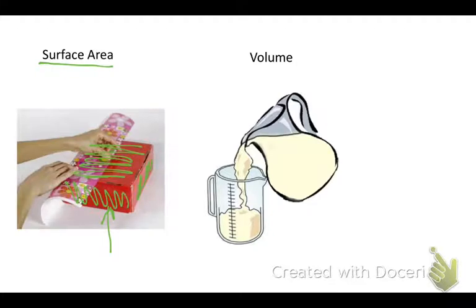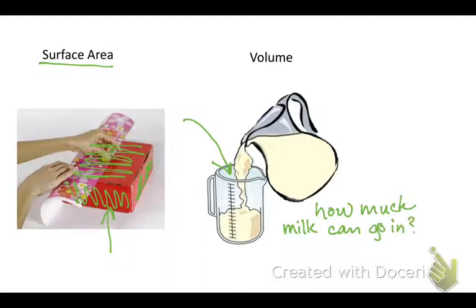Okay, volume is different. Volume is what goes inside the shape, like you're pouring milk into a beaker glass. How much milk can go into that beaker or that glass? That's what the volume is.